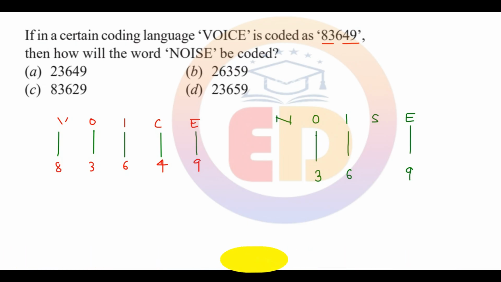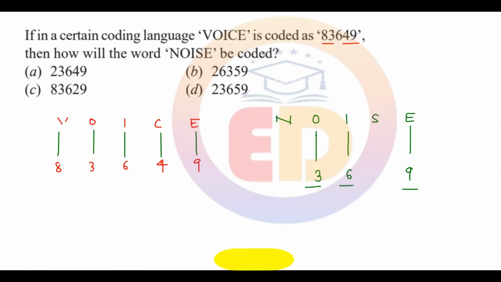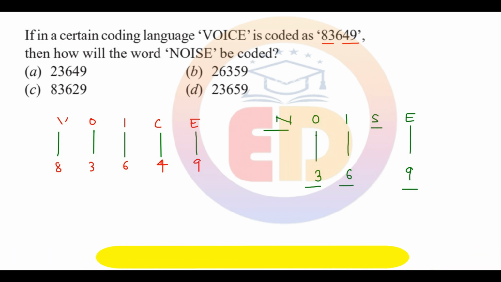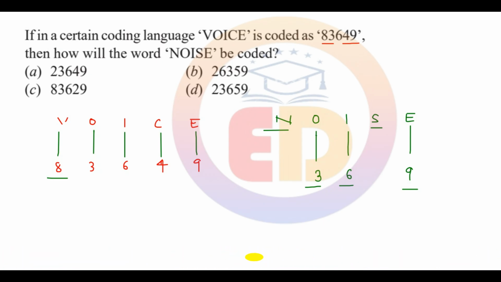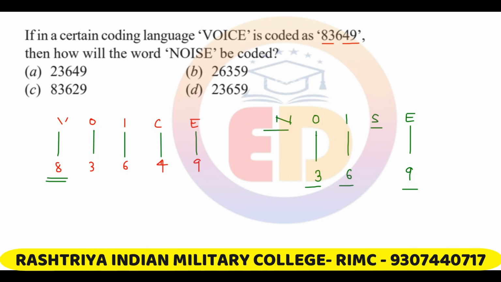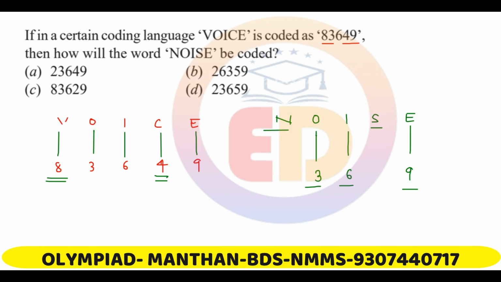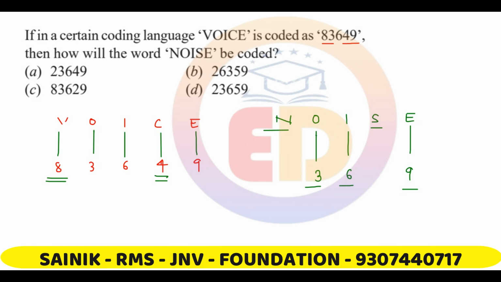So my answer should be where 3, 6 and 9 should be present, and N and S are new alphabets, so their code should also be non-repeatable. That code should also be other than 8 and other than 4. So that will be to take the two new digits.